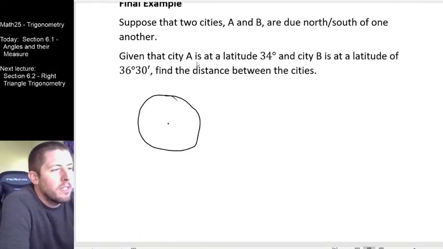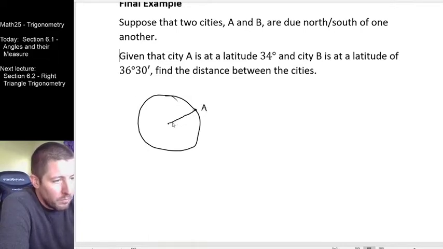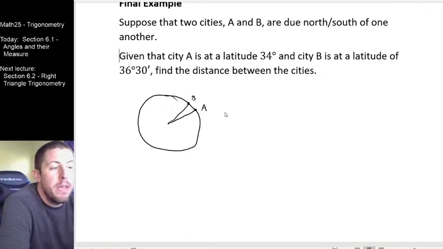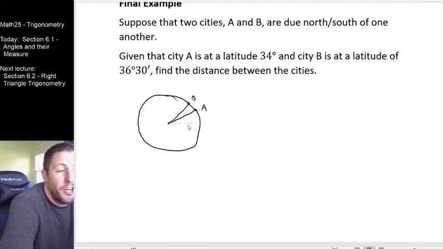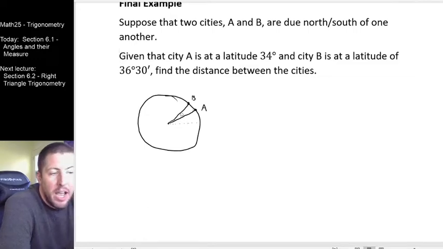So what we're picturing is these 2 latitudes, right? One latitude is at 34 degrees right here. This is going to be the location of city A. And then the other one, just barely more than that, I couldn't draw it as close as they realistically are, is going to be city B. A is at 34 degrees relative to this line right here, so it's 34 degrees to get from the dashed line rotated to A. It's 36 degrees and 30 minutes to get from the dashed line rotated up to B. What we want to know is the distance between the 2 cities.